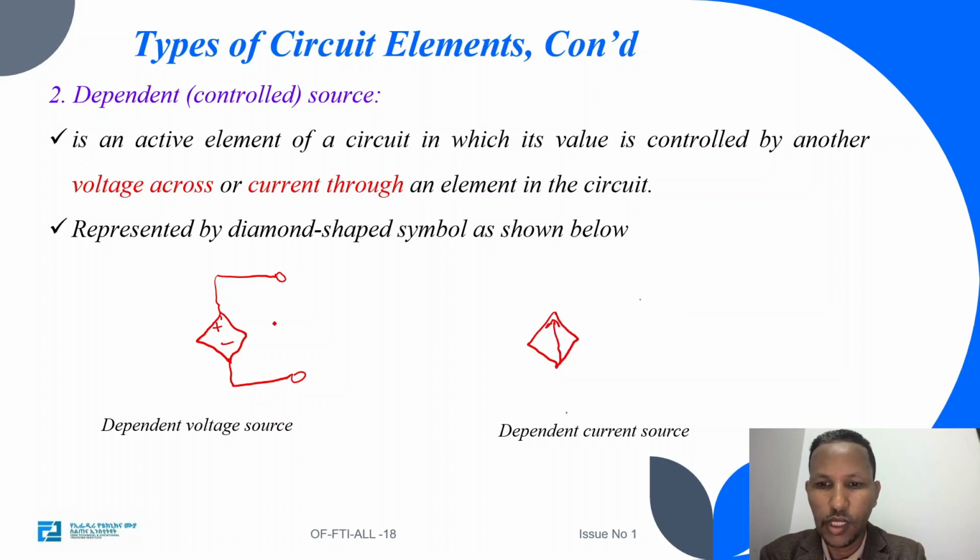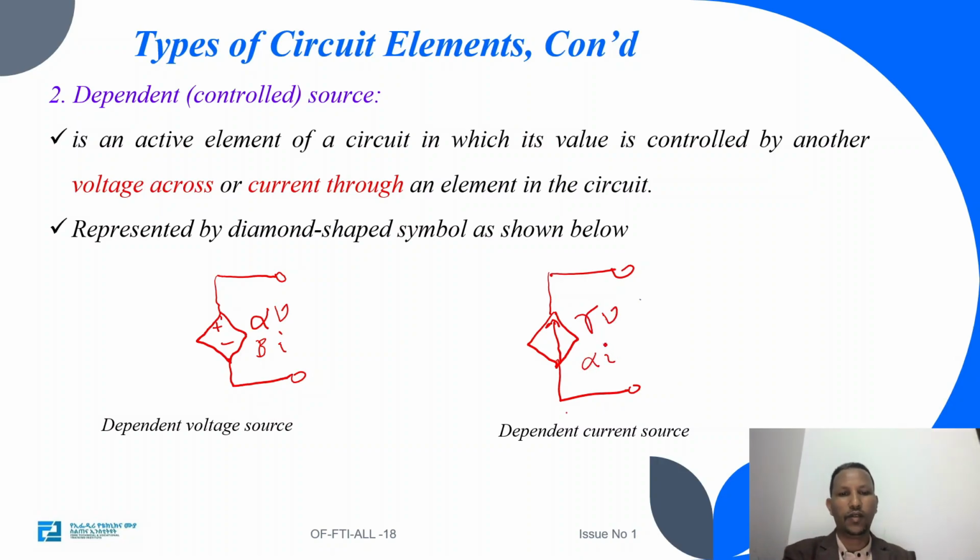The voltage can be alpha V or beta I, and the current can be gamma V or alpha I.